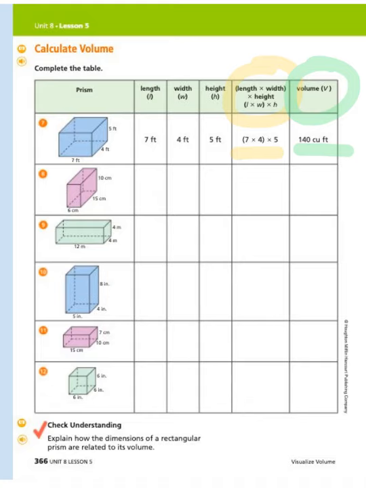So we have this rectangular shape in pink. The length is 6. So we want to write 6 there. And that one's centimeters. And the width is the area going back. That's 15 centimeters. The height is going up, and that is 10 centimeters.